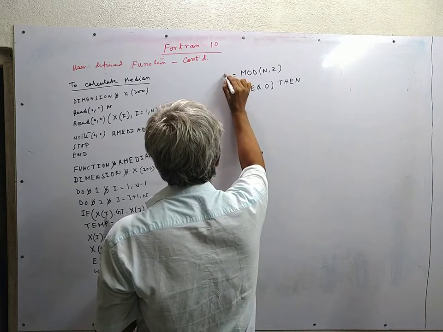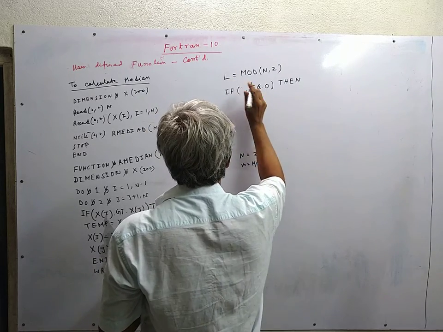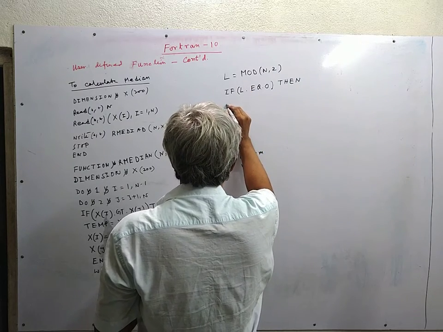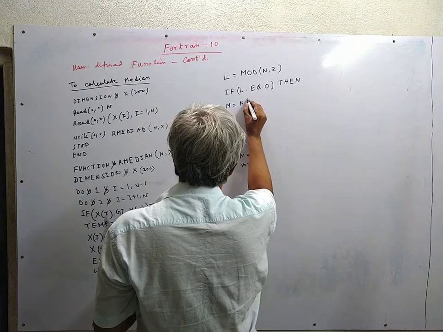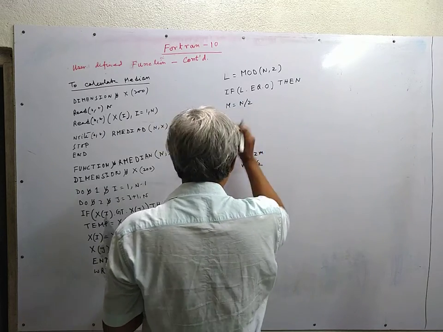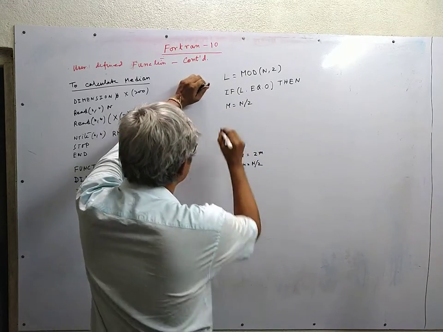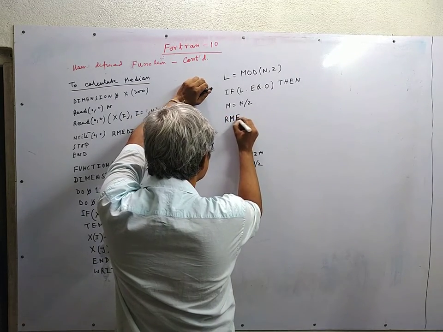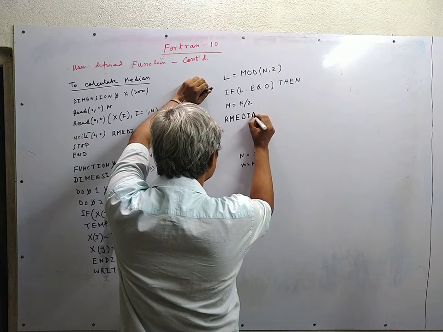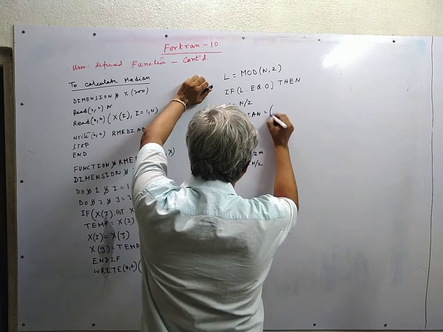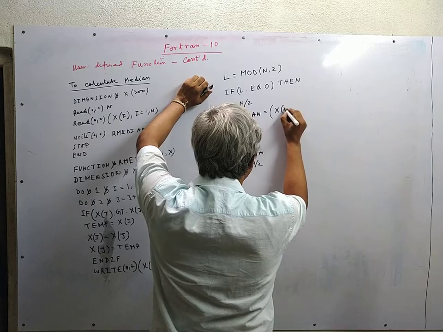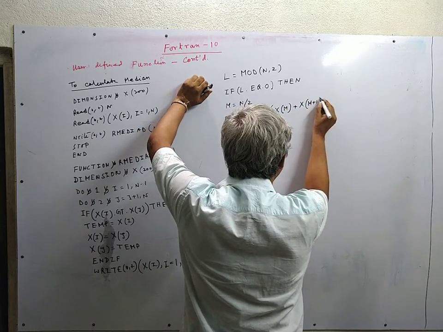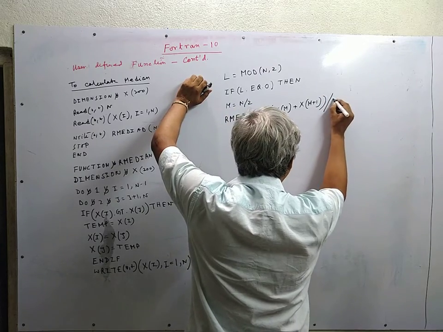We call it L because it is again n divided by 2.